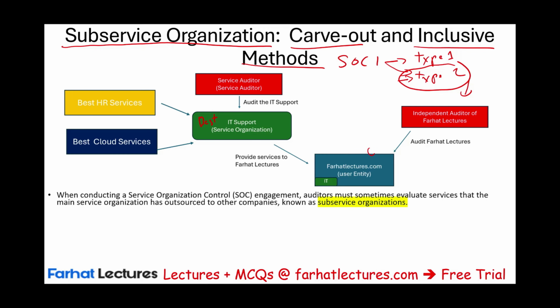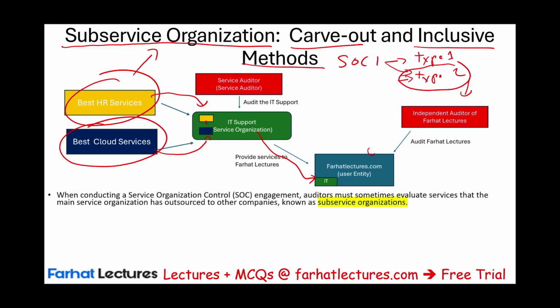They outsource this too. So here's what happens now. We have Best HR Services and Best Cloud Services that are part of Best IT Support, just like Best IT Support is part of Farhat Lectures. What do we call Best HR Services and Best Cloud Support? We call them Subservice Organizations.